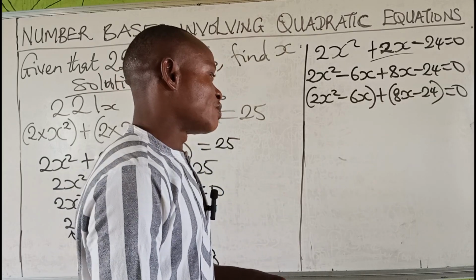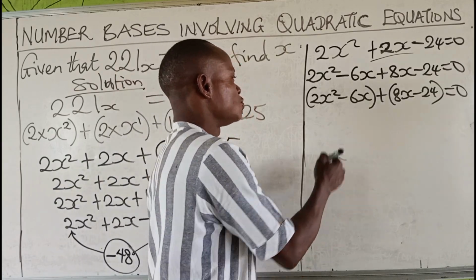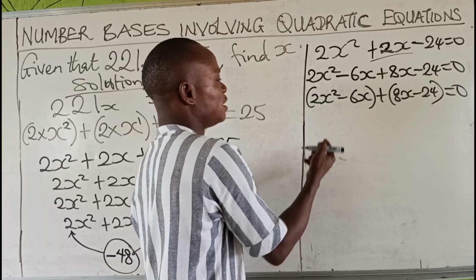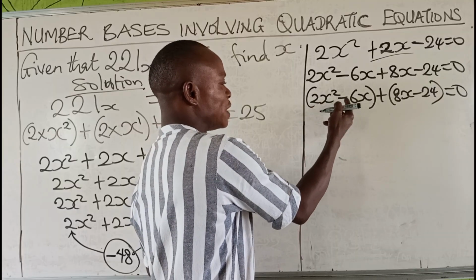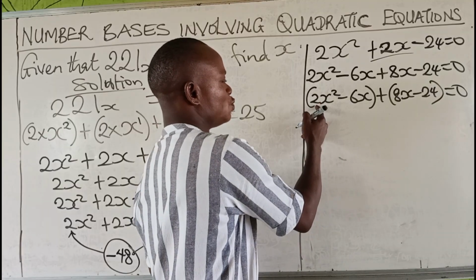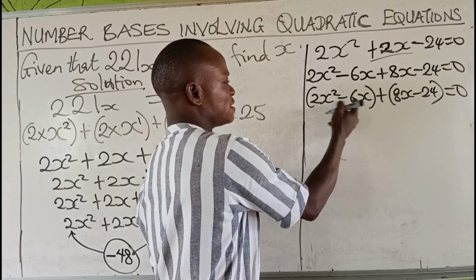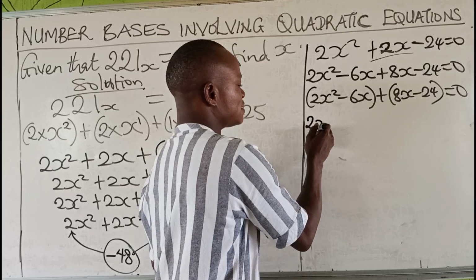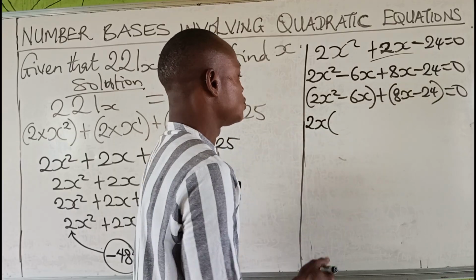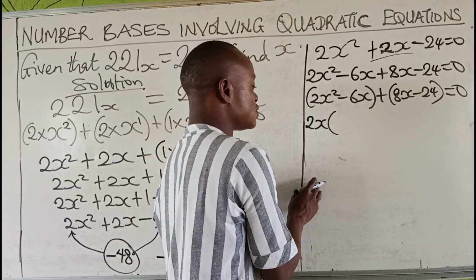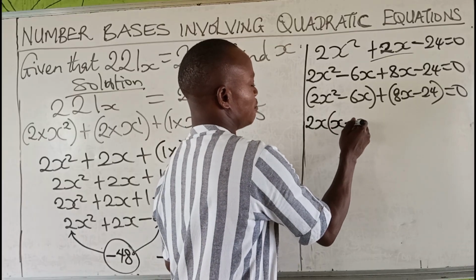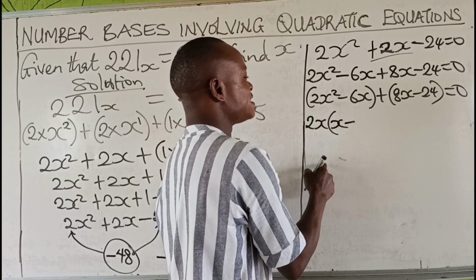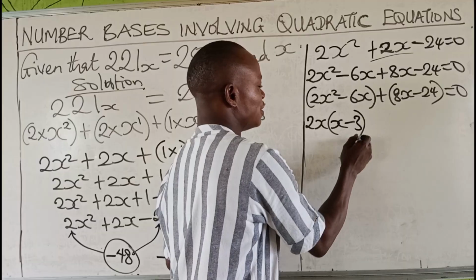Now we factorize. In factorizing, we look for what is common here. What is common? 2x is common, because 2 can divide 6, and x is also common. So 2x is common. When we bring it out, 2x divided into 2x squared will give us x, minus 2x divided into 6x will give us 3.